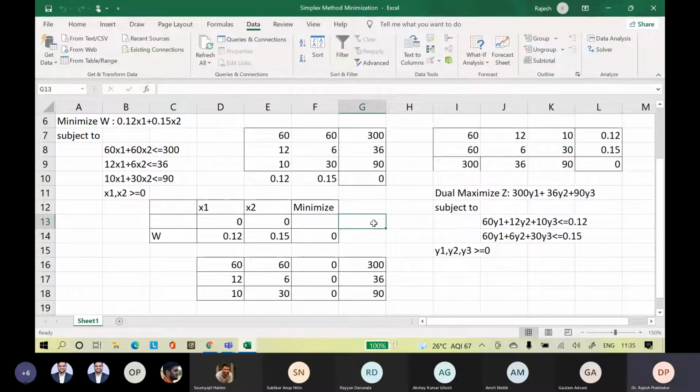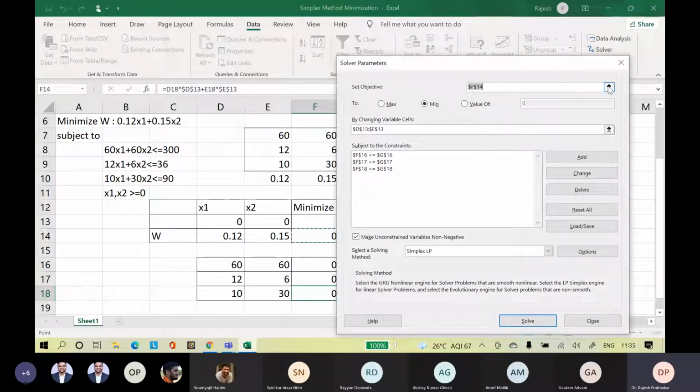So we didn't get the answer yet. Why did we not get the answer from Solver? Hey, did you get the output?